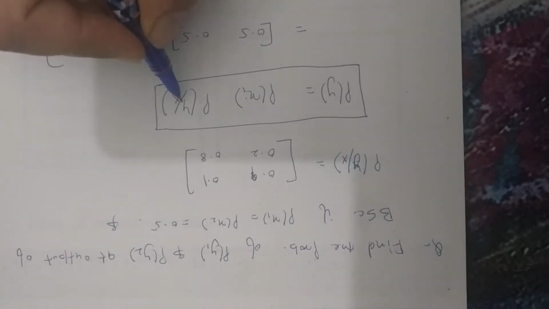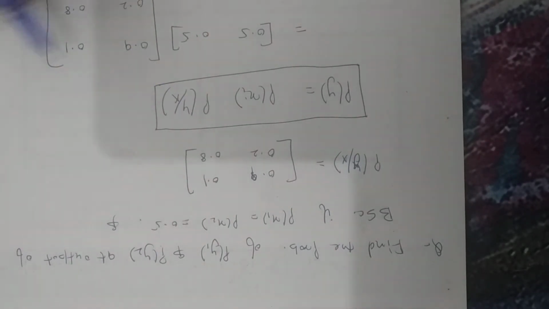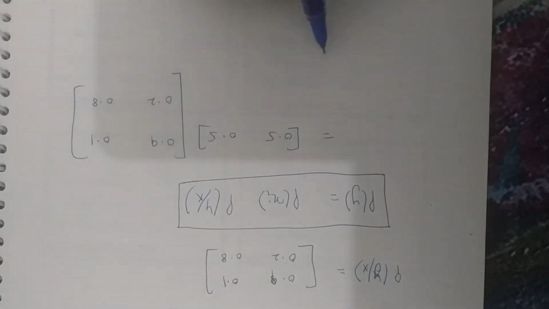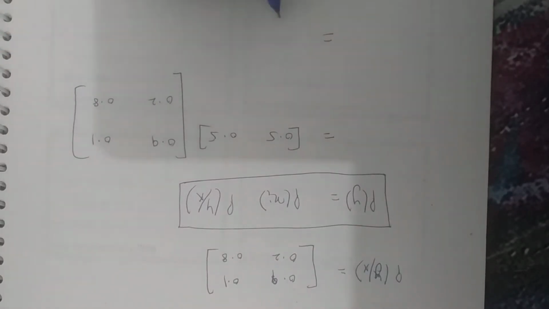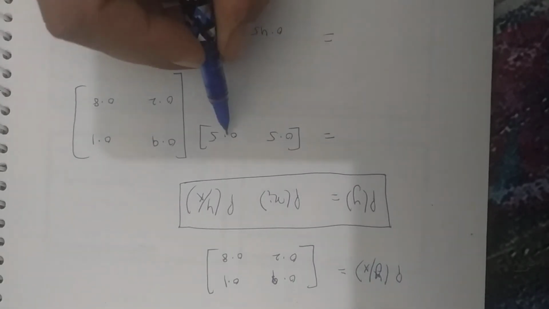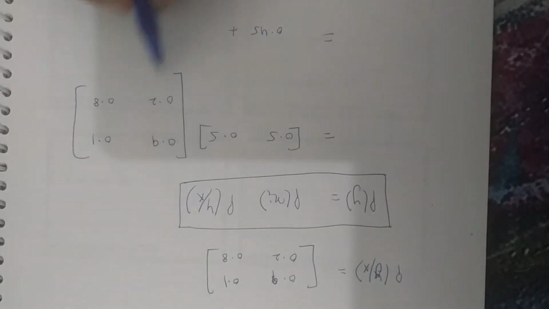You can write it like this also, yj upon xi. So now we will do this matrix multiplication. 0.5 into 0.9 is 0.45 plus 0.5 into 0.2, that is 0.10.